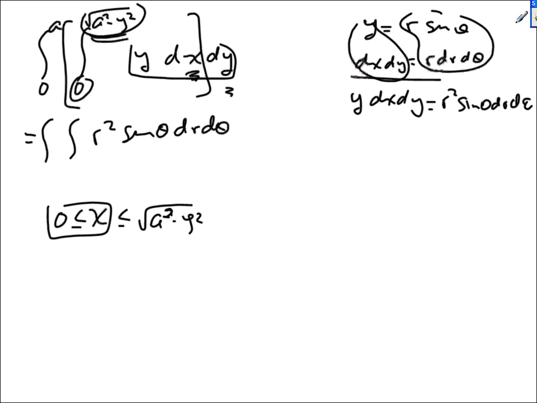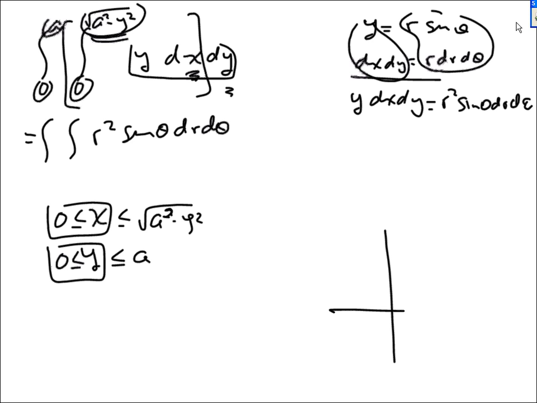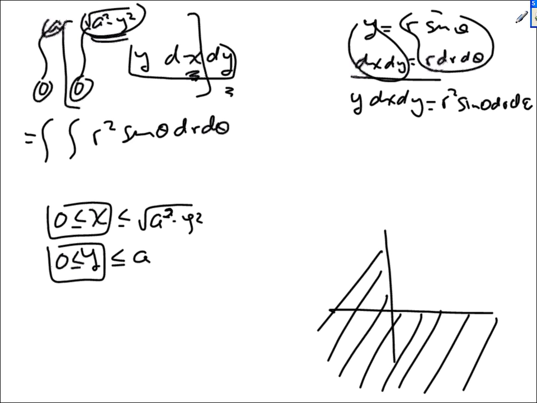And y goes between 0 and a. In particular, y is positive. Just so I don't forget, if x is positive and y is positive, we are in quadrant 1. I won't draw anything outside of quadrant 1.